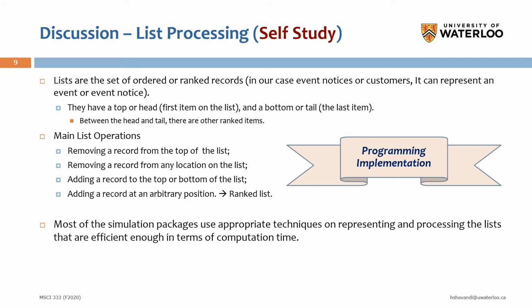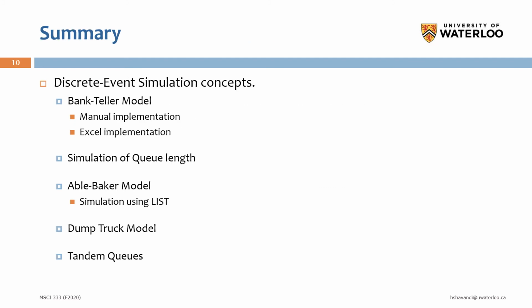In summary, in chapter 3, we learned how to design a simulation model. We learned the principles to formulate and model a system in terms of a discrete event simulation model. And we had different examples to discover how we can design a simulation model for different types of systems.